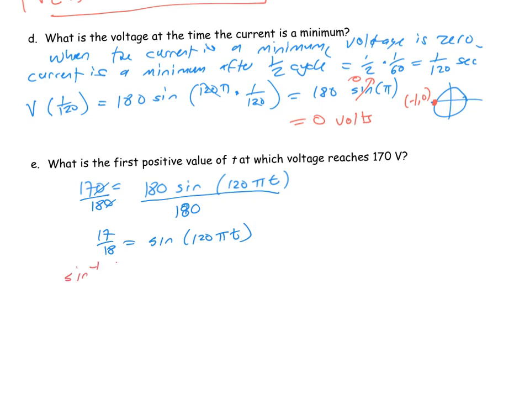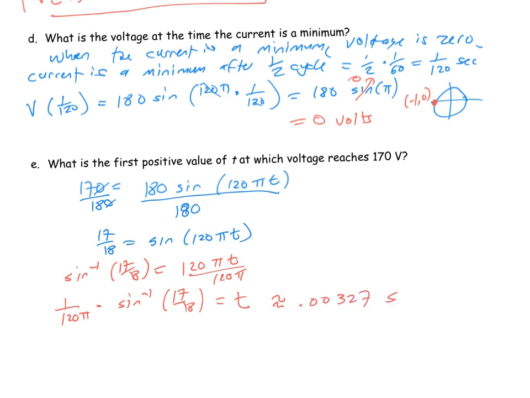So sine inverse of 17/18 is equal to 120 pi t. I'll divide by 120 pi first before I plug it into the calculator. So I have 1 over 120 pi times sine inverse of 17/18. That's equal to t. And if you plug all that into your calculator, you'll get 0.00327 seconds.